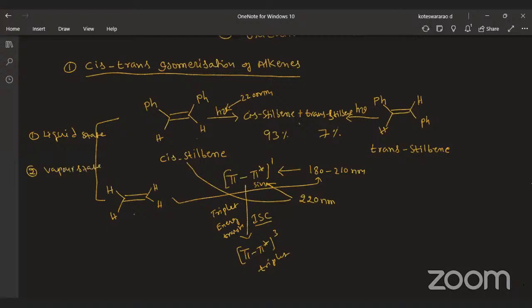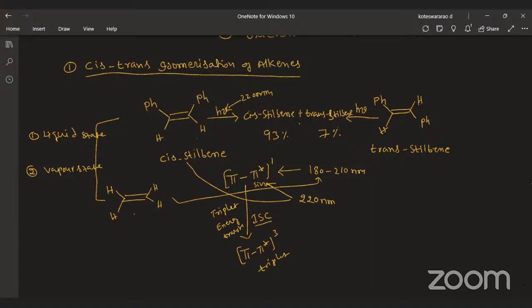Liquid state means it exists in the reaction vessel as a liquid. Vapor state means the starting material is in the gaseous state. Then what happens in the liquid state, and what happens in the vapor state?